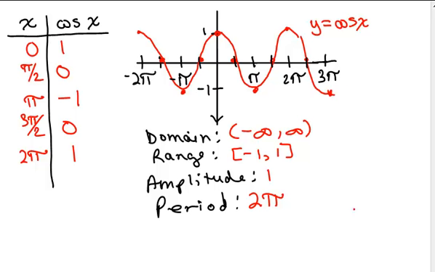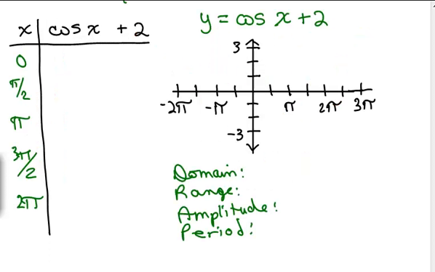So remember, if you go from 0 to 2 pi for the cosine, the y coordinates go 1, 0, negative 1, 0, 1. So how would we graph y equals the cosine of x plus 2?